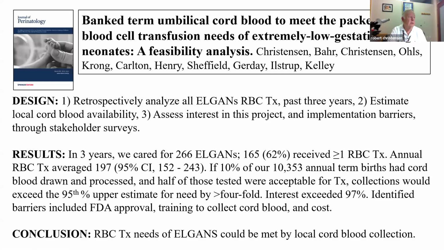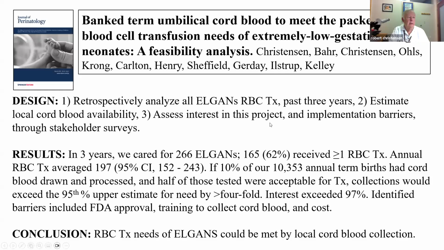So a few months ago, we published this first in a series of studies looking at the possibility of making term neonates' otherwise discarded blood the product of choice for neonatal transfusions of our smallest babies. It was a retrospective analysis of all of the transfusions given to ELGANs in our group of hospitals the past 3 years, estimating the amount of blood that we would need if we changed the paradigm from adult blood donors to umbilical cord donors.